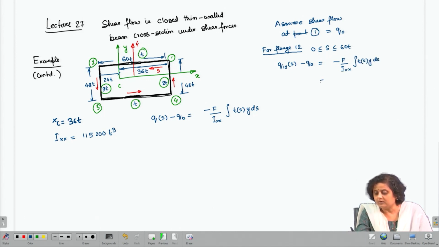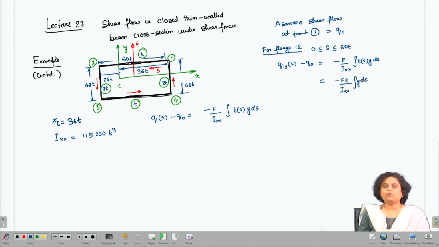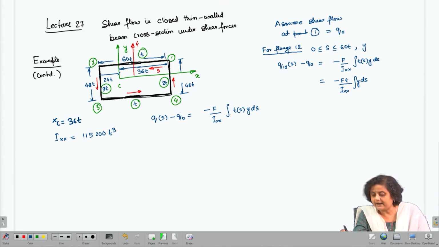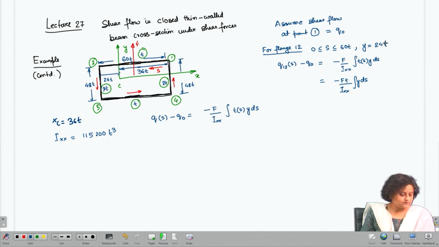Now, we know that Ts is T for the portion 1 2. So, we can write this as minus Ft by Ixx times the integral of y ds. Let us see what y is going to be for the portion 1 2. For the portion 1 2, y is just going to be positive 24T.